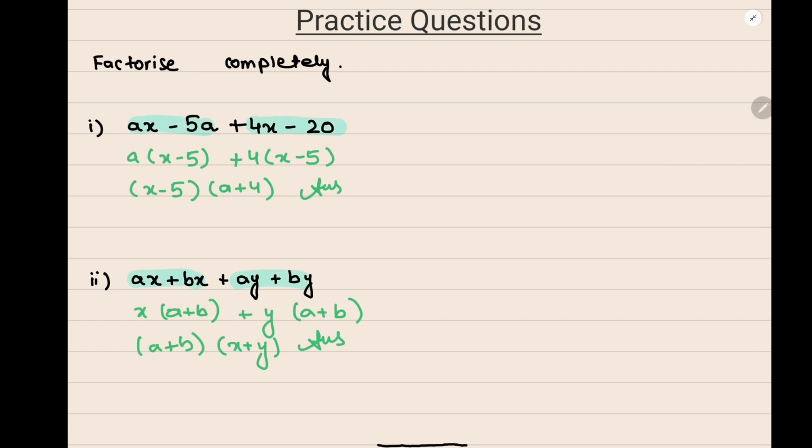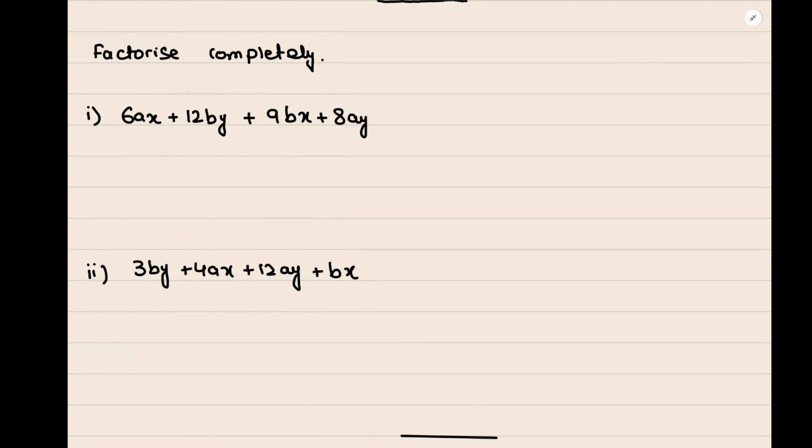These are the answers. These are the second type of questions, which involves factorization by grouping, but we have to arrange it first. Like in the first question, if, for example, I want to take common from the first two, I'm making the groups. Like from the first two, I can take 6 common and no variable.